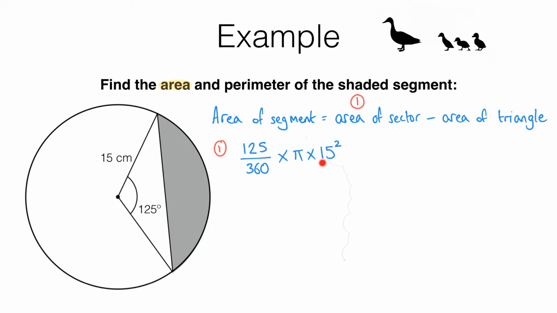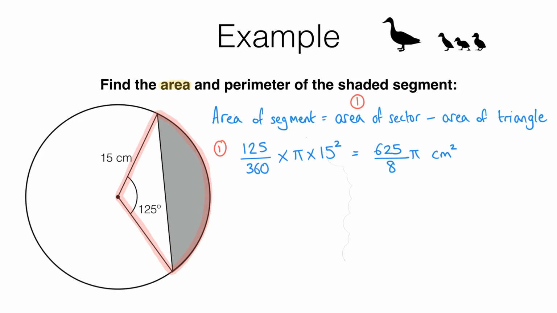So pi times 15 squared, that's the area of the whole circle, and this fraction is the fraction of the circle that makes up this sector. Putting that into my calculator, I get 625 over 8 multiplied by pi, and the units are centimeters squared. Now I'm going to leave this in exact form for now. I'm not going to convert it into a decimal.